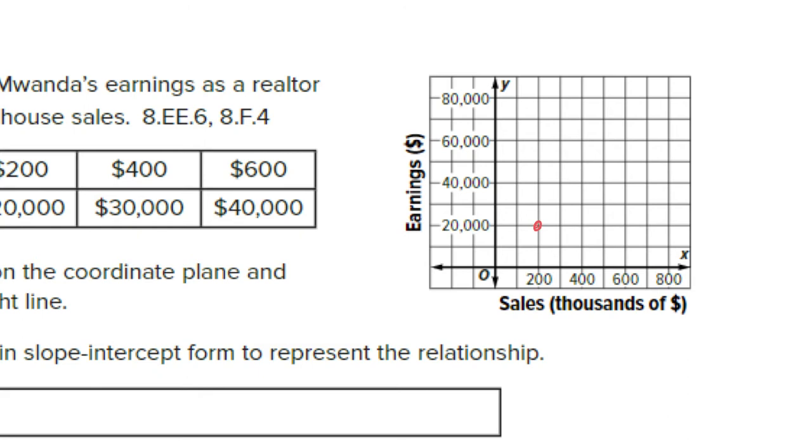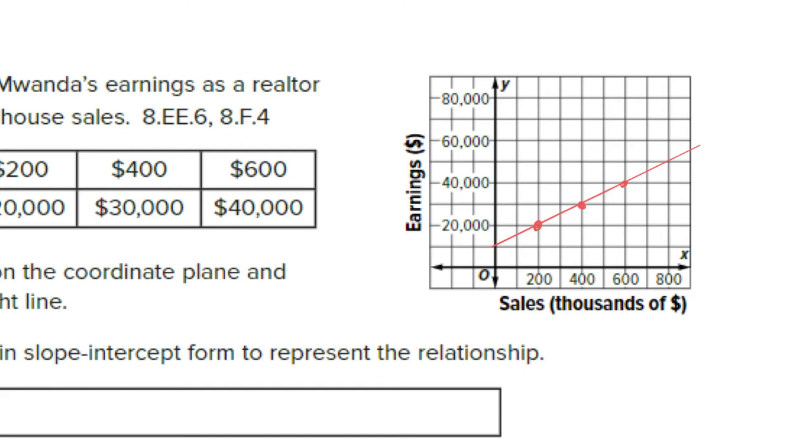There's a red dot going to go there. And 400 and 30,000, and 640,000 right there. Connect them with a straight line. I have a ruler here, and I'm going to do that. Boom.